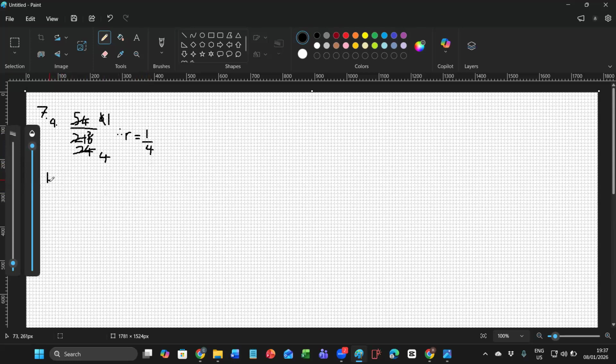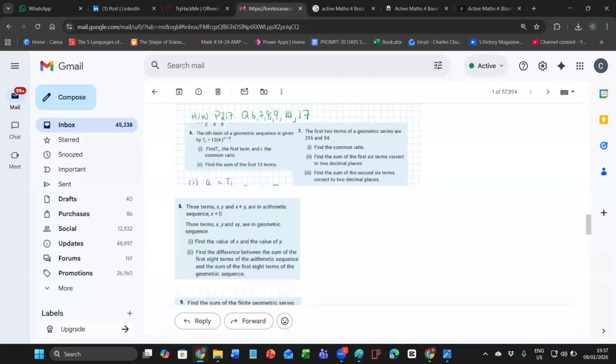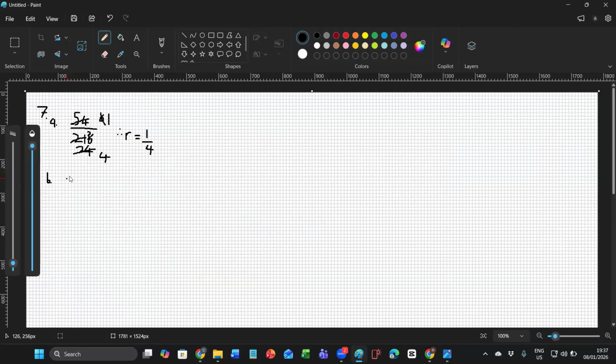Now let's look at the B part. Roman numeral two says find the sum of the first six terms correct to two decimal places. By now you know what the formula would be: S6. Let's do Sn first. They will put in the details: a, bracket.